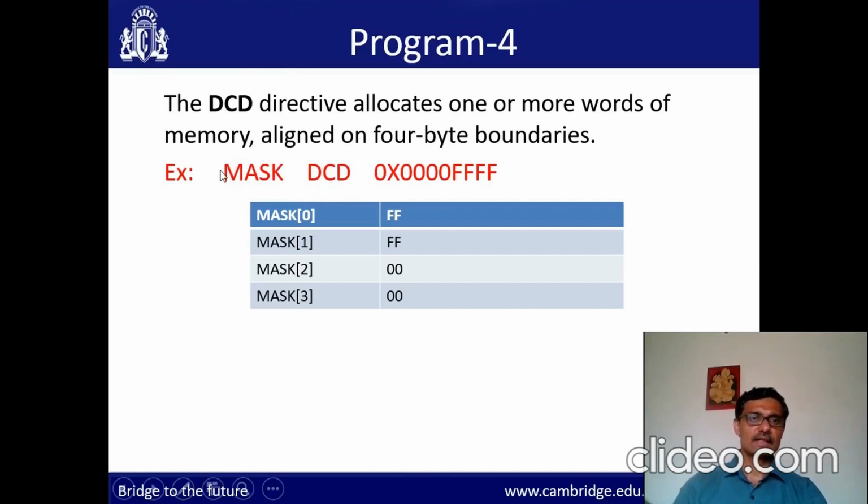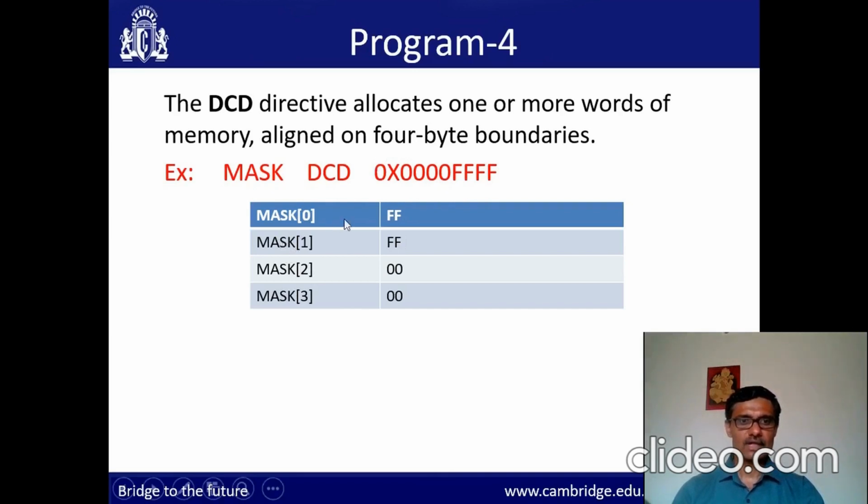Mask is a memory location that we have declared here, and the value assigned to it is 0000FFFF. This is a 32-bit number, or 4-byte number.